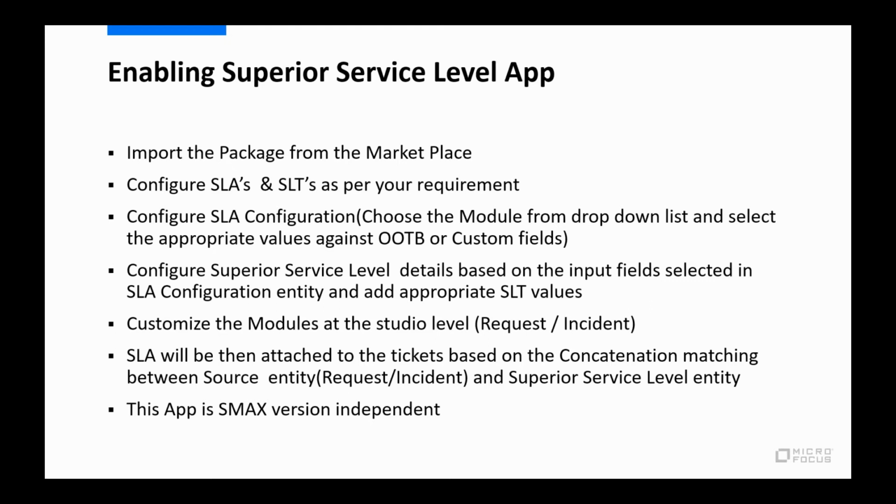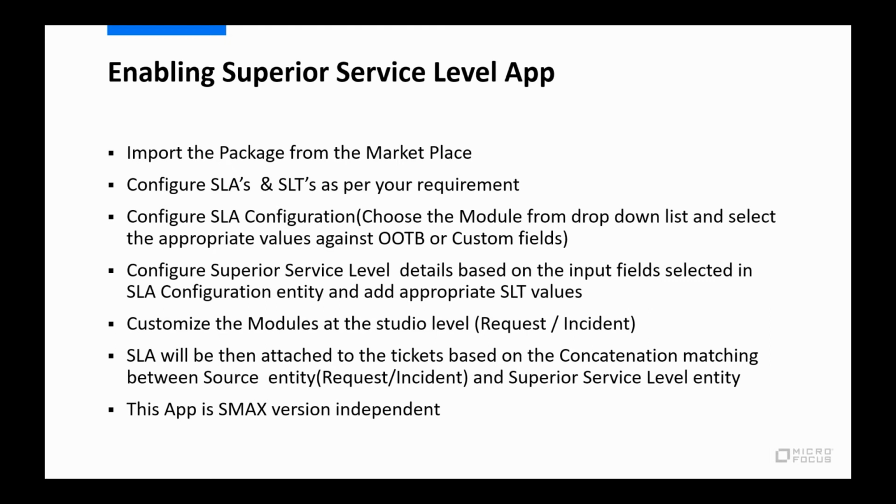Currently in this app, we have given you 4 out-of-the-box fields, and along with that 2 custom fields. So based on your requirement or your environment, if you want to have additional fields, then you just need to modify the app for the fields you want to add. You can do that in the SLA configuration, or if you are happy with the out-of-the-box fields or the custom fields we have given, you can just start using them.